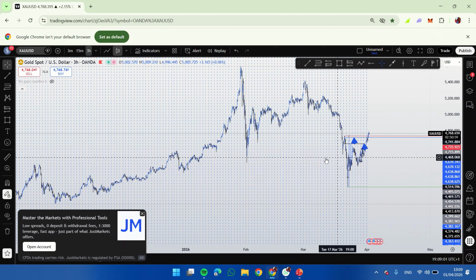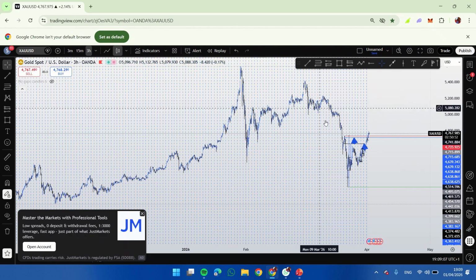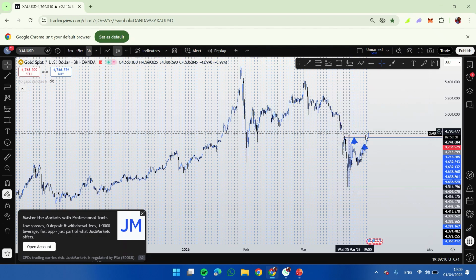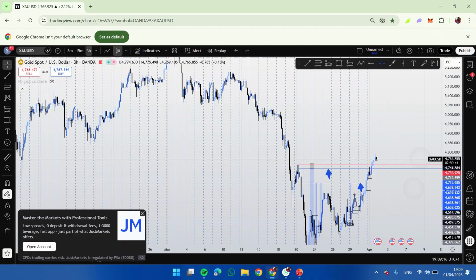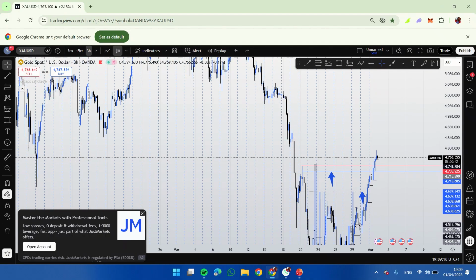So this is the main break of structure here. So there's a zone around this point that price has not mitigated. So this is where we are looking to see, okay, what is price trying to do? Even though we are bullish now, the overall trend is bearish. That's from this time frame.